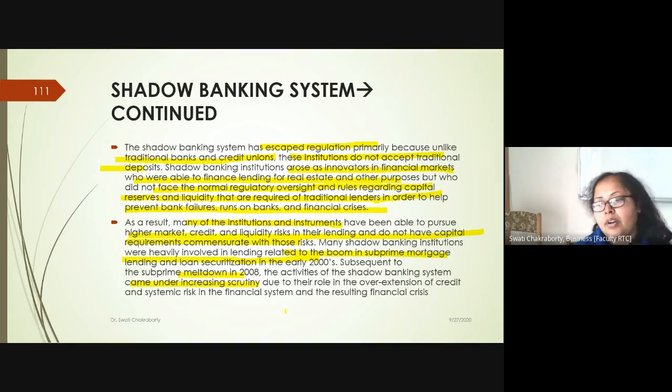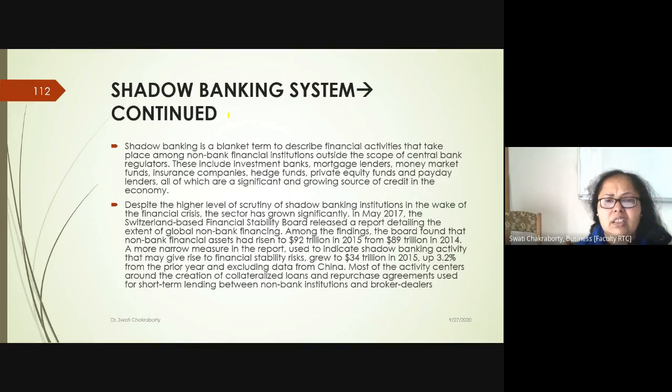Right? They were giving more, there's no limitation. Overextension of credit and also the systemic risk in the financial system, which resulted in the financial crisis.